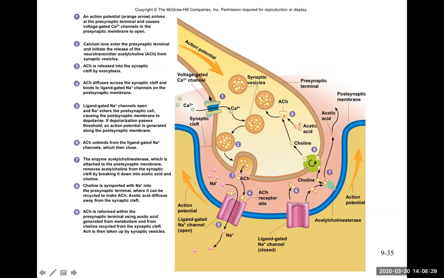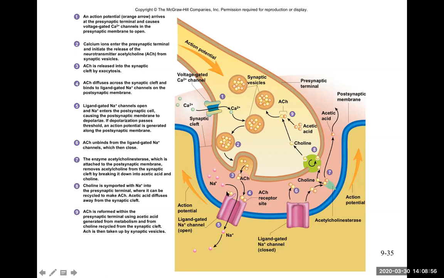Number one, you have an action potential going down our motor neuron, causing calcium to enter your motor neuron. That calcium causes acetylcholine to be released. Acetylcholine then binds to its receptor. The receptor opens up, and the receptor is a sodium channel. So all acetylcholine receptors are sodium channels. When there's no acetylcholine, the receptor is shut.